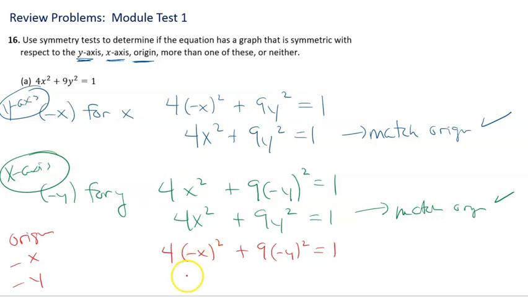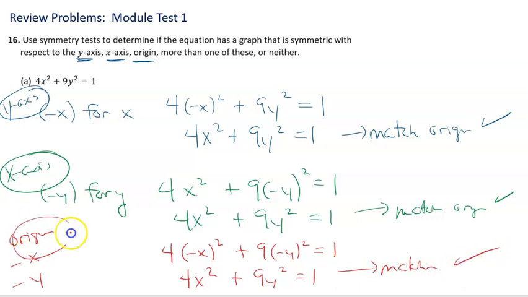Negative x times negative x is positive, so that's 4x squared. Negative y times negative y is positive, so plus 9y squared equals 1. Again, it matches the original. Aha! So it does have origin symmetry. So it has more than one of these. It has y-axis, x-axis, and origin symmetry, which means it can't have neither because it has all three.